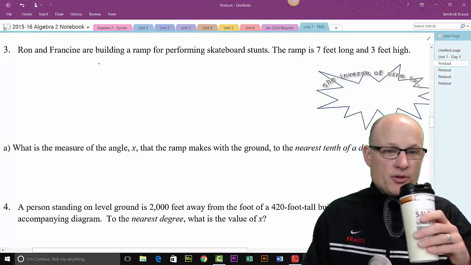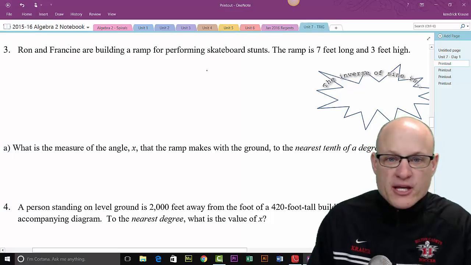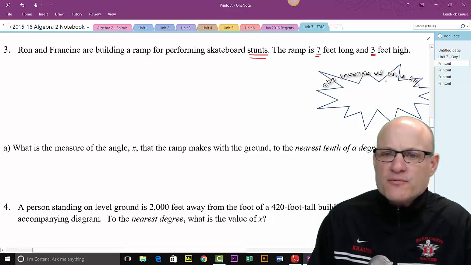Ron and Francine are building a ramp for performing skateboard stunts. The ramp is 7 feet long and 3 feet high. Ooh, the inverse of sine is sine -1 of x.